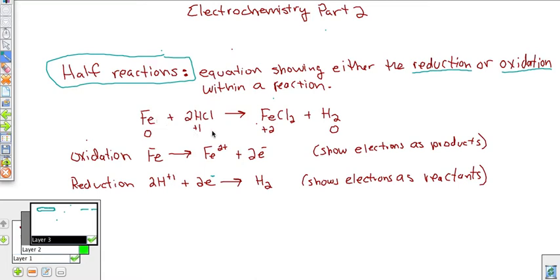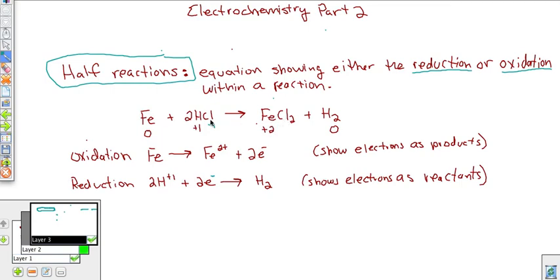All right, so here's the reaction. The first and most important thing to do, going back to the first video, is to assign oxidation numbers. Elemental states are 0, so iron here is 0. We know that hydrogen is +1, and that's going to make this one -1. This one is a +2 on this side.